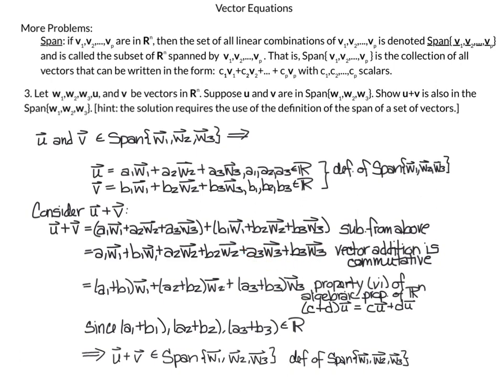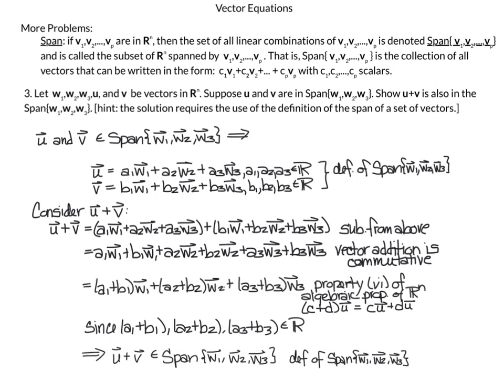From our algebraic properties of vectors, this is property number 6, where we had two constants times a vector. We can then say that equals the constant times our vector plus our second constant times our vector. I then factor out my A1 and B1, so these are my two constants times a vector. So it has the same form. Similarly, I factored out A2, B2, and A3, B3.